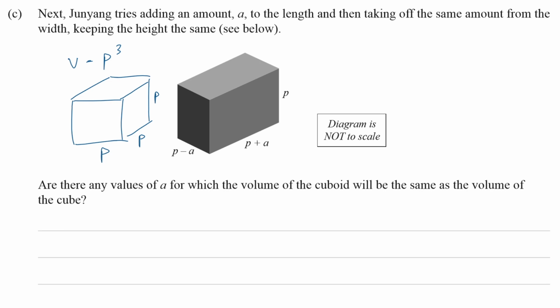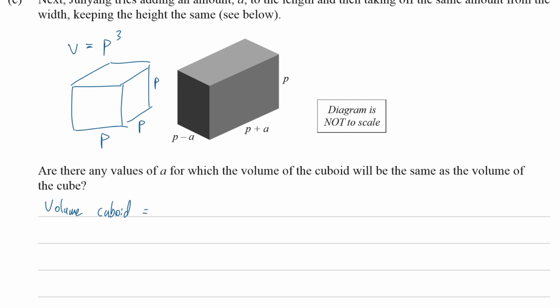Alright, so to test this, we could equate the volume of the cube to the volume of this cuboid. So the volume of the cuboid is (p minus a) times (p plus a) times p.